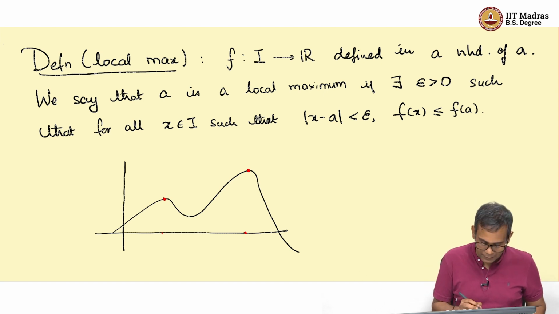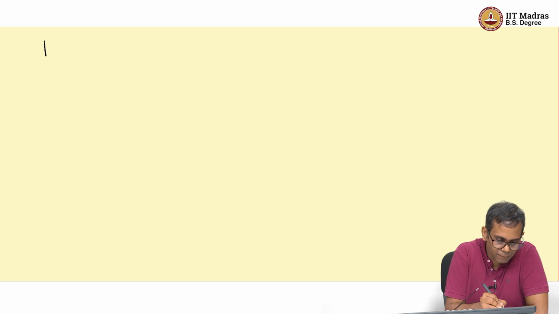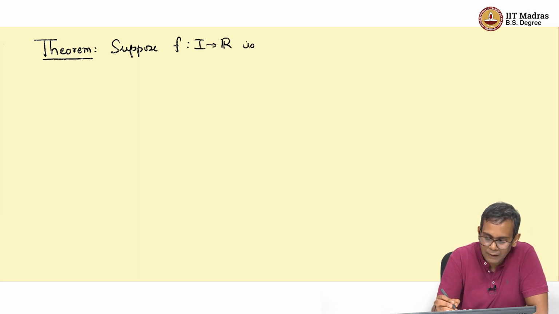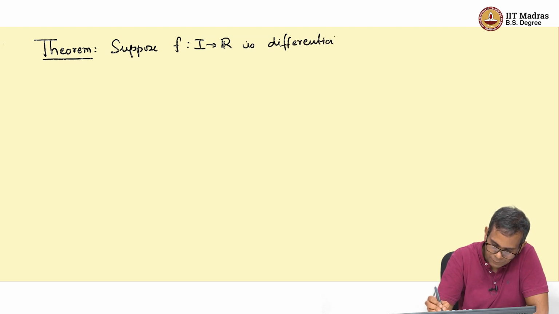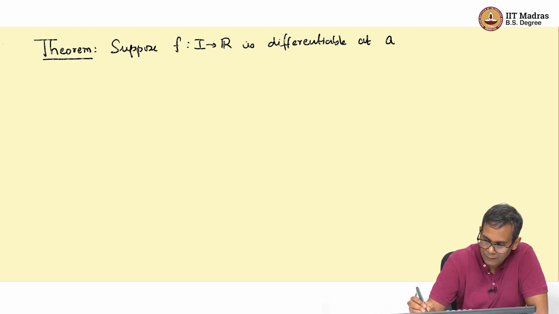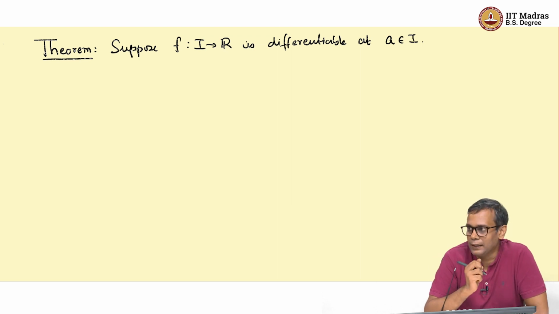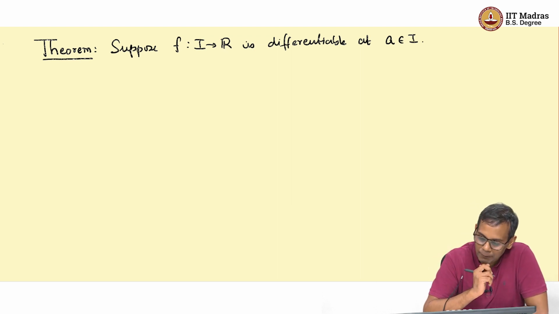So, the theorem in this regard is the following. Theorem, suppose f from I to R is differentiable at a point A in I. In particular, this assumes that I contains a neighborhood of A, otherwise we can't talk about differentiability.